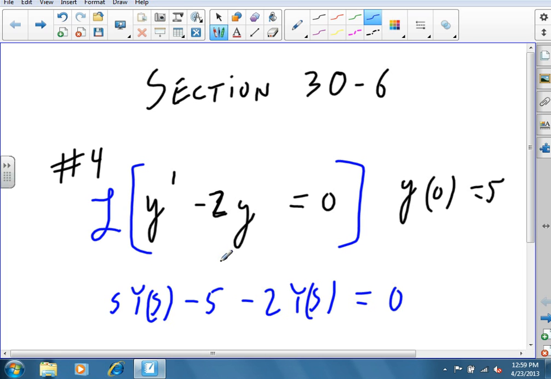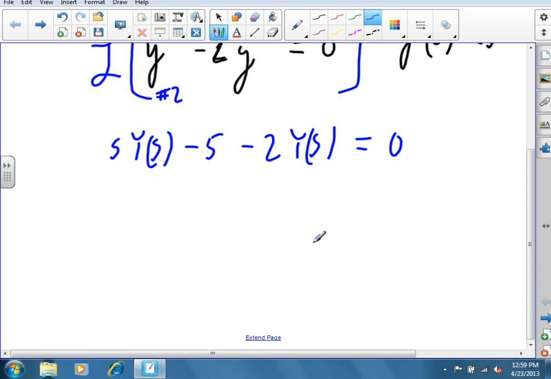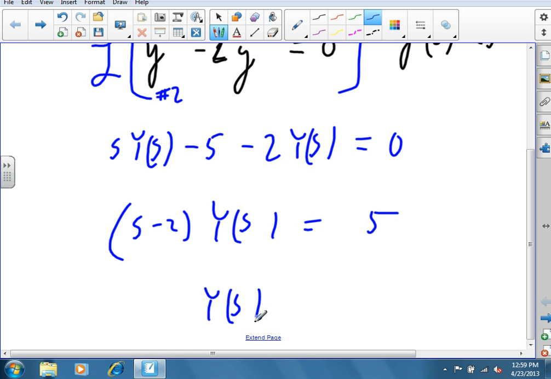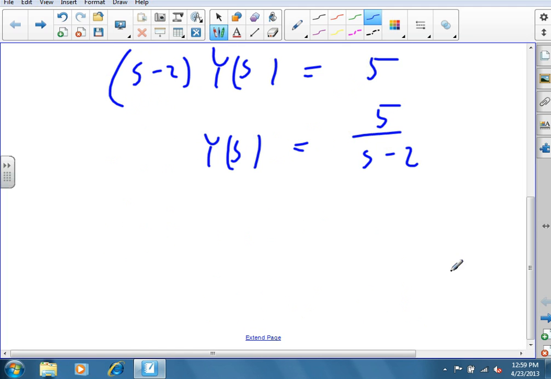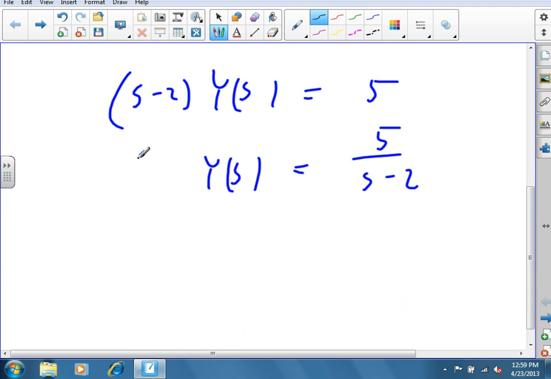I'm using number 2 to do the y prime, so that's s y of s minus y at 0, which is where the 5 came from. Now I'm going to combine like terms. s minus 2 times y of s is equal to 5, and then y of s is 5 over s minus 2. Then I'm going to do an inverse Laplace transform of the whole thing.